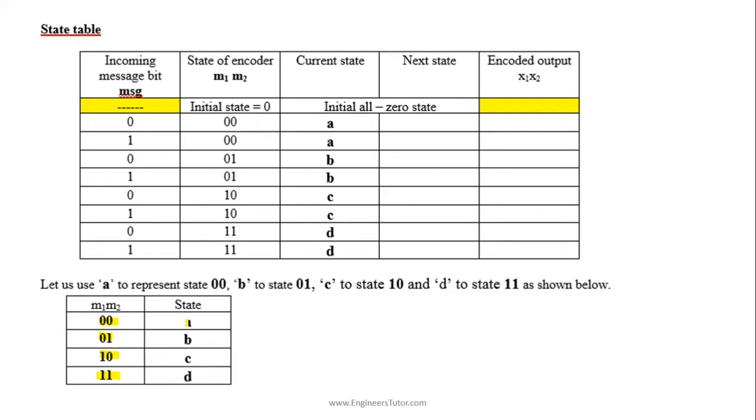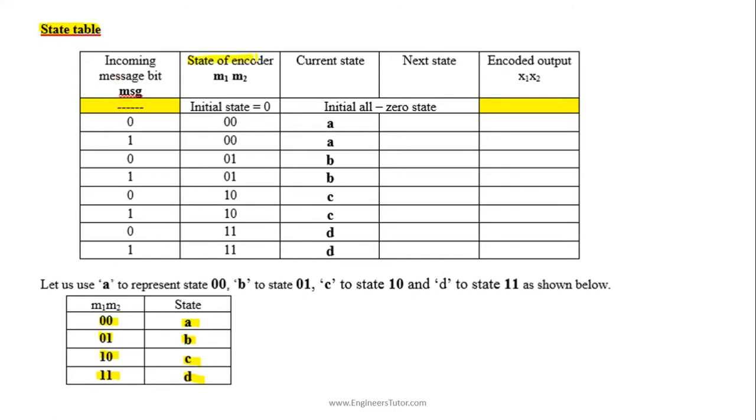Let us represent these states with the symbols A, B, C, D. And we try to find the state table, because the state table is used to draw the state diagram, the tree diagram and also the trellis diagram.